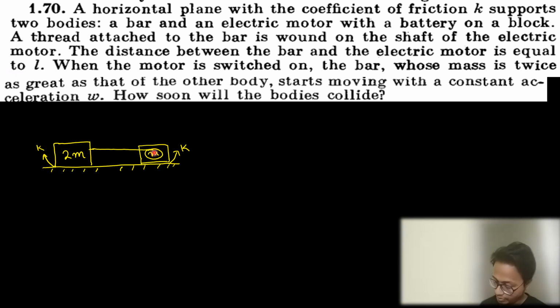Okay. Now the question is asking, as soon as I start the motor, this motor will start spinning. So what will happen? This rope will try to pull this 2m block towards itself. Okay. The question is saying, if the distance between the blocks is L, how soon will they collide?